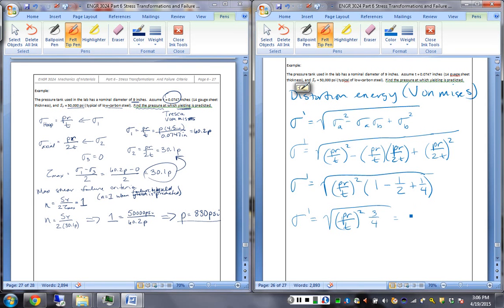We can simplify that further by taking the square root of the squared, so the PR over T times the square root of 3/4.